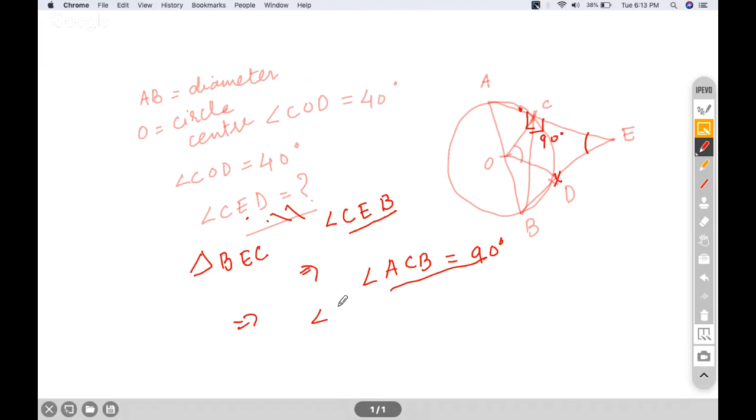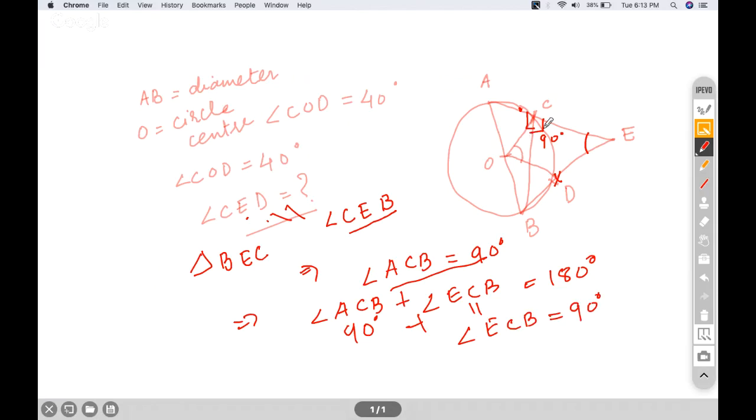Why? Because angle ACB plus angle ECB is equal to 180 degrees. This is already 90 degrees, so this ECB would also be equal to 90 degrees. So I got this angle as 90 degrees.